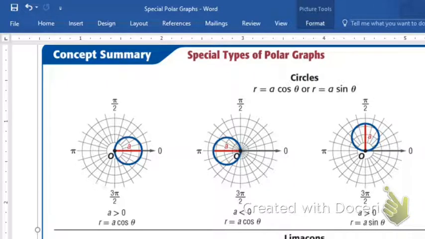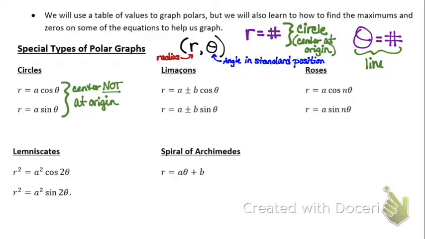The period on all of our circles that have this form is going to be pi. We are going to be using a table of values to graph these.